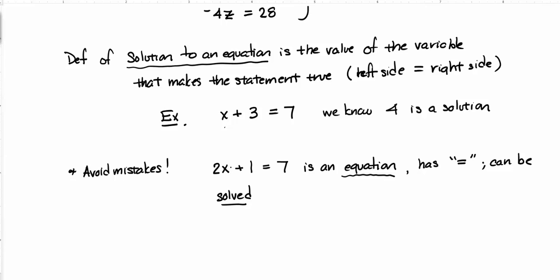On the other hand, 2x plus 1 plus 7 is an expression. Notice that it has no equal sign, and this can be simplified.